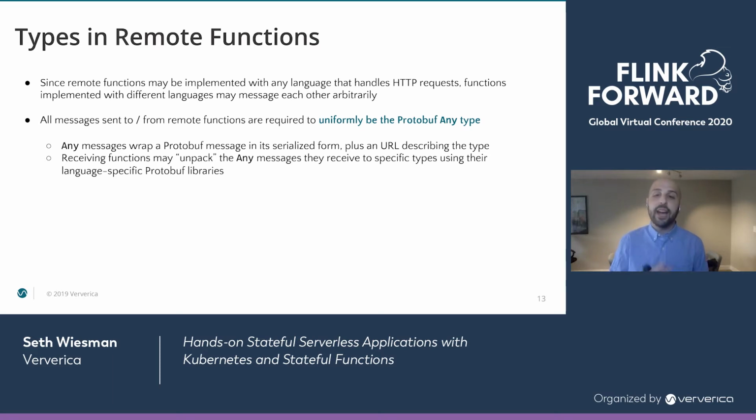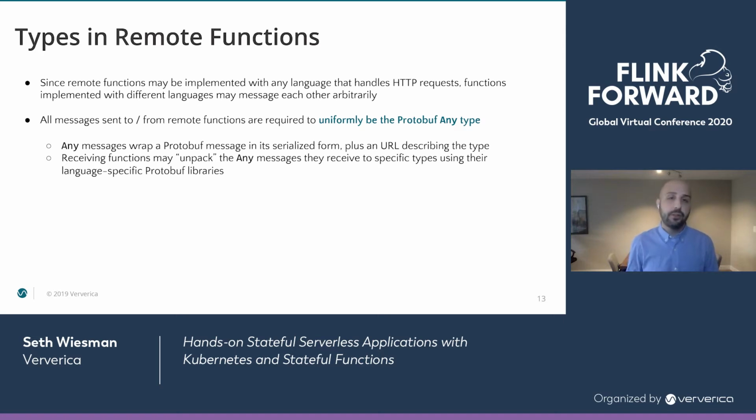So we need a common framework to allow these different components to communicate with each other, and a common serialization format. And for that, we have standardized on protocol buffers, which is a serialization standard that came out of Google and has a lot of very nice properties. It's cross-language, and it offers schema migration, which is very important for stateful applications.